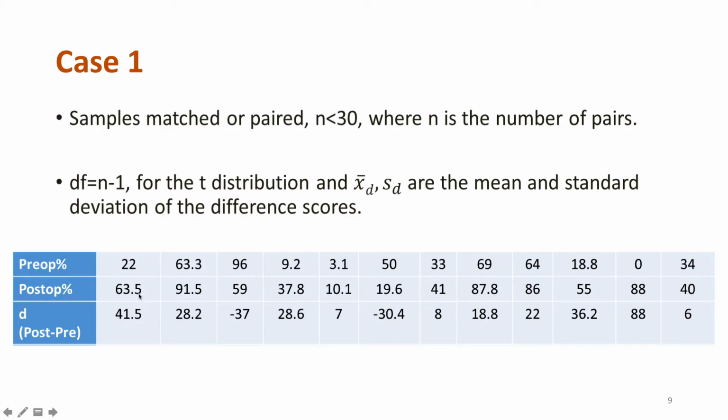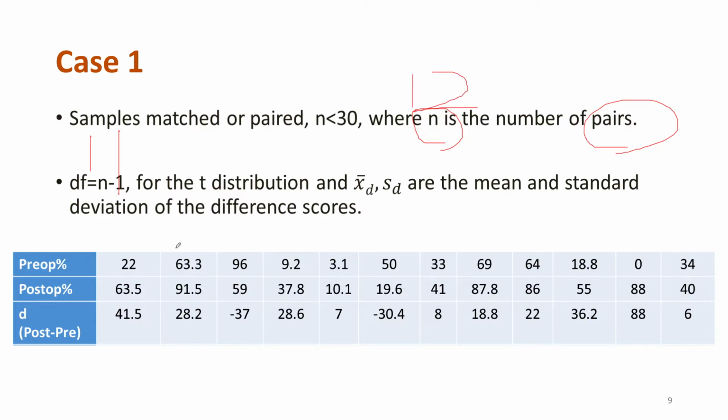No, actually it's only 12 because n is the number of pairs. Okay, so degrees of freedom equal to n minus 1. That'll be 11 for this case. N is 12.